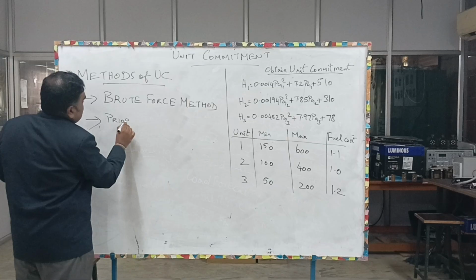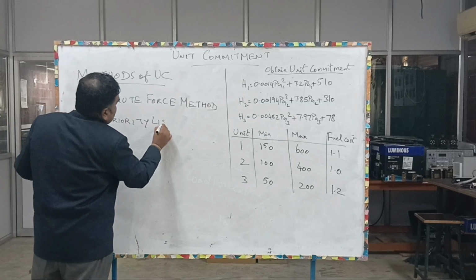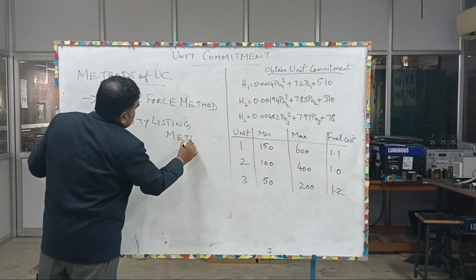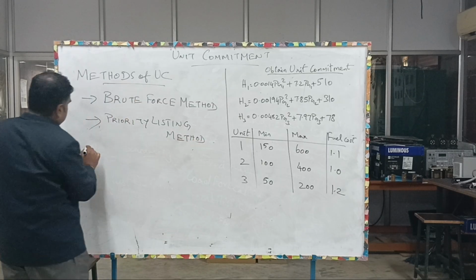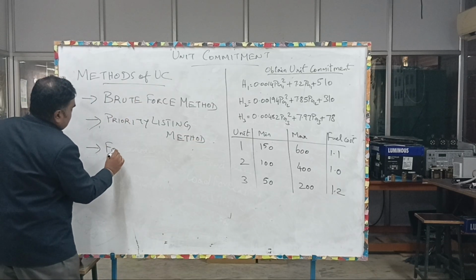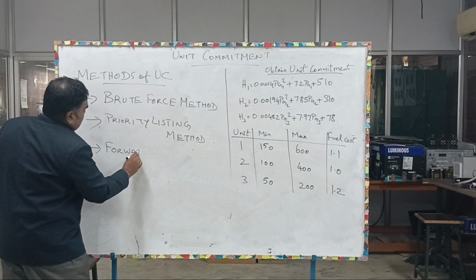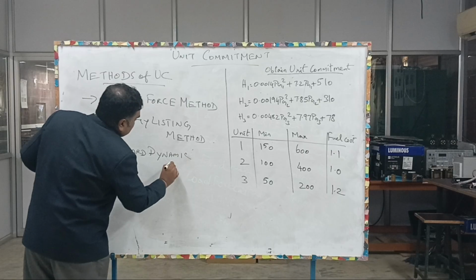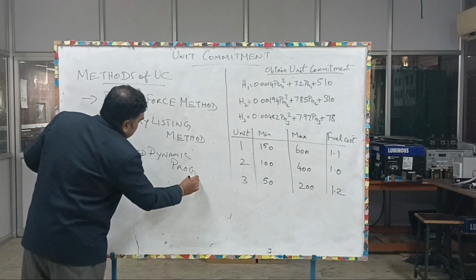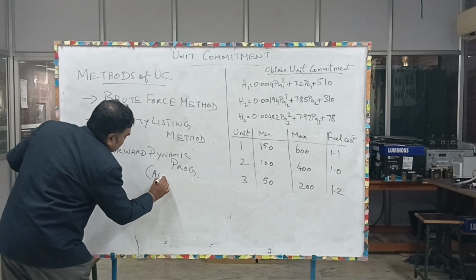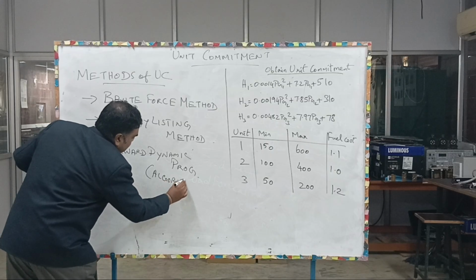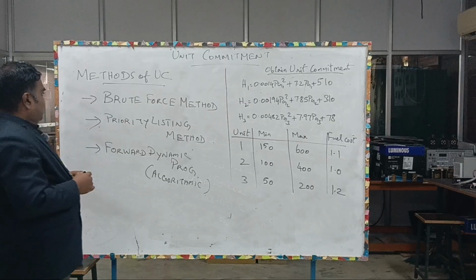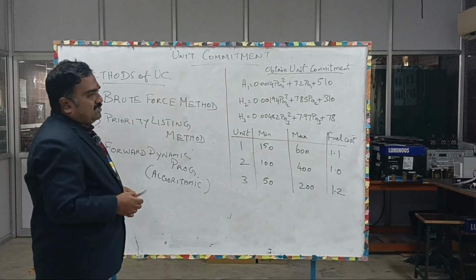The second one is the priority listing method. The third one is forward dynamic programming. The last one is an algorithmic method. So, these are the basic methods of unit commitment.